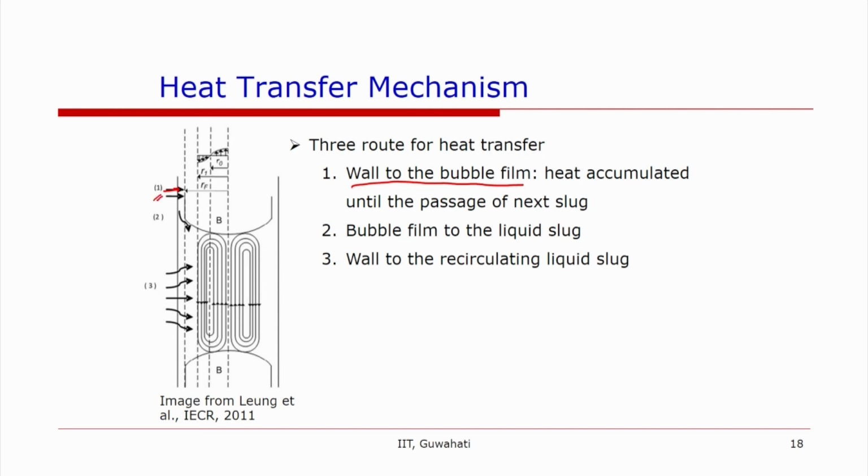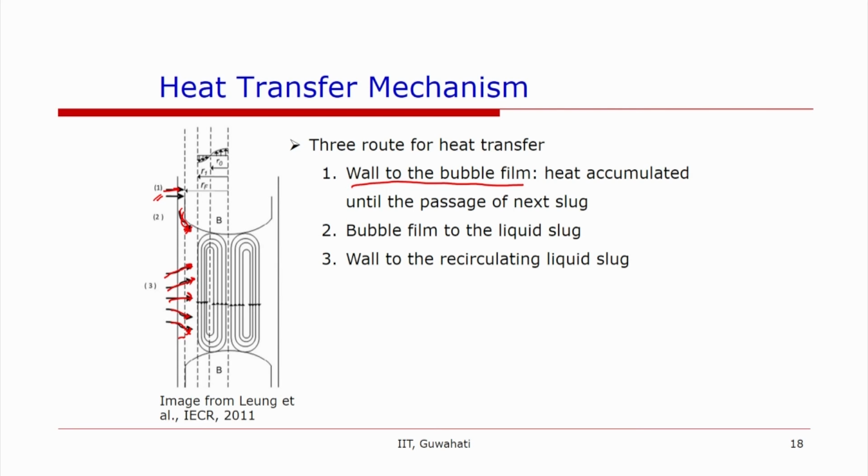Now, the second route is that the bubble film passes on the heat to the liquid slug. And thirdly, the heat goes from the wall to the recirculating liquid slug zone. So, the heat enters from the slug region, and passes the heat via this film to the liquid slug directly.